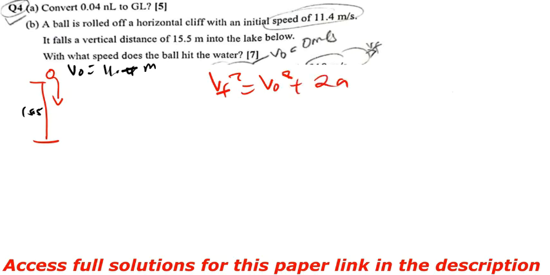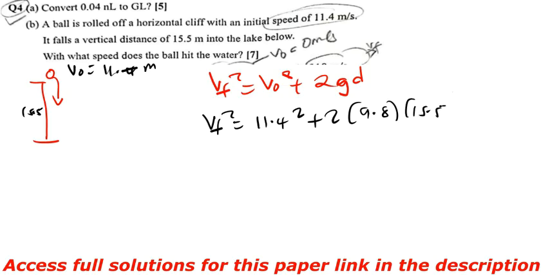Now we don't use a because it is under the influence of gravity, so it's g, then times h. H in this case you can say is d. It's fine. V final we don't know. The initial speed is 11.4. You square it plus 2. It is going down, g is positive. Okay, the distance, which is the height, 15.5.